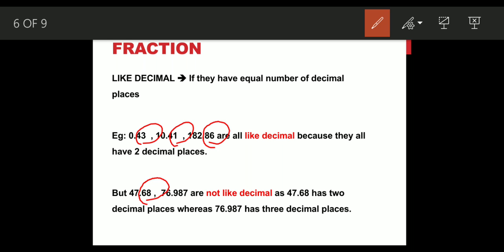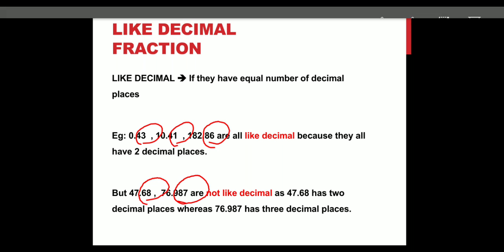In 76.987, after the decimal point, how many numbers do I have? 3 numbers. Which means it differs. There it had only 2 numbers, here after the decimal point I have 3 decimal places. So we'll say it is not like fraction.